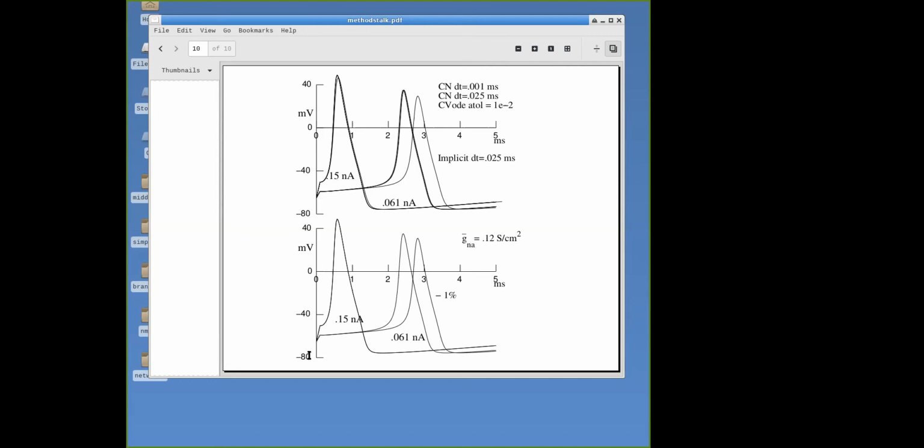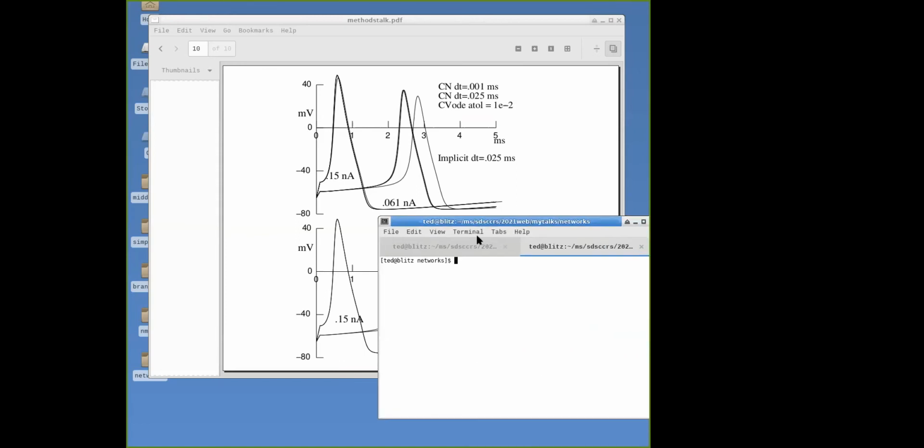And you'll see two solutions here with a large stimulus. One solution is with the standard GNA bar, and the other one is with GNA bar reduced just a tiny little bit compared to the standard Hodgkin-Huxley value. So, what's the standard GNA bar? Does anybody remember?